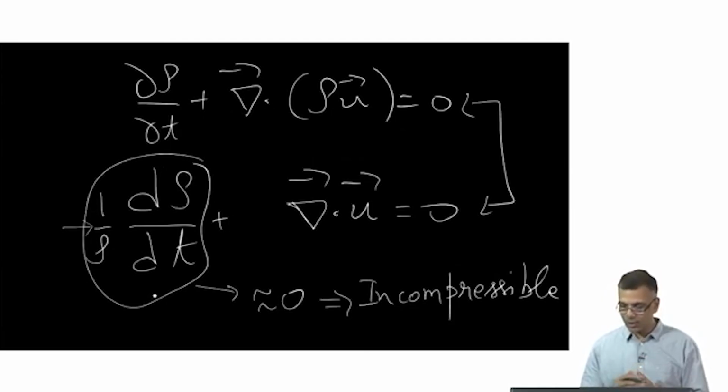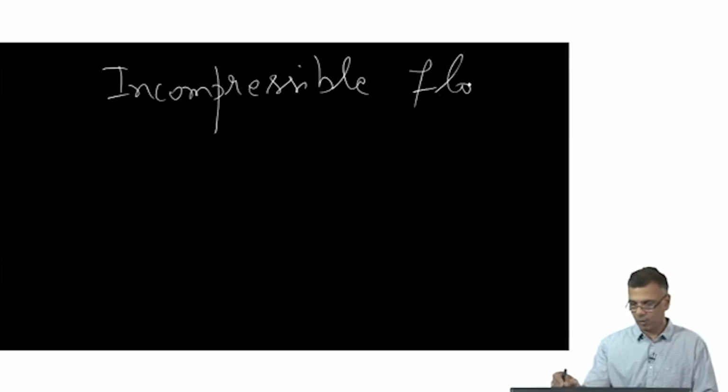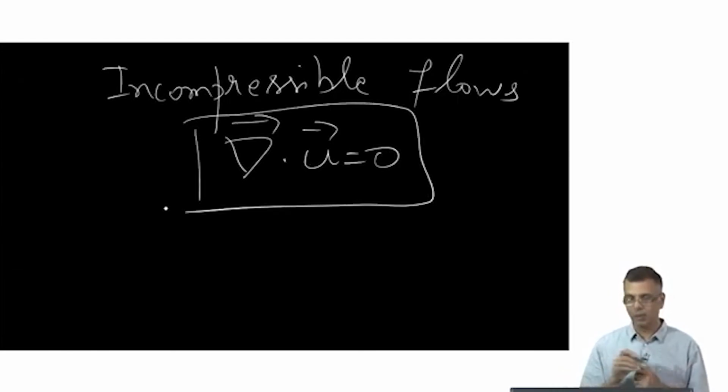If this first term is almost equal to 0, that means the second term had better be equal to 0, because the sum of these two is equal to 0. Therefore the condition for incompressibility is that the divergence of u does not have a source or a sink. This is the condition for incompressibility.